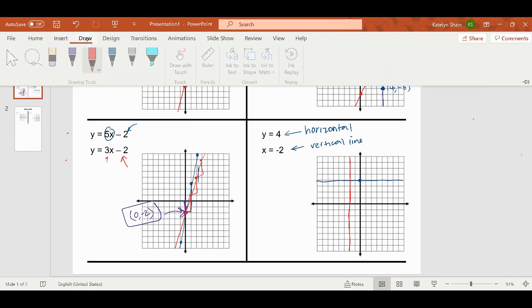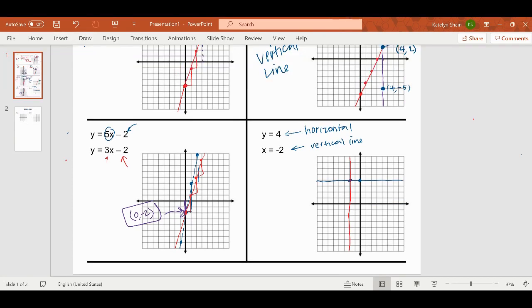Now they cross at exactly 1 point right here, which is going to be the solution to my system. So my x coordinate there is negative 2, and my y coordinate is 4, and the solution is negative 2, 4.